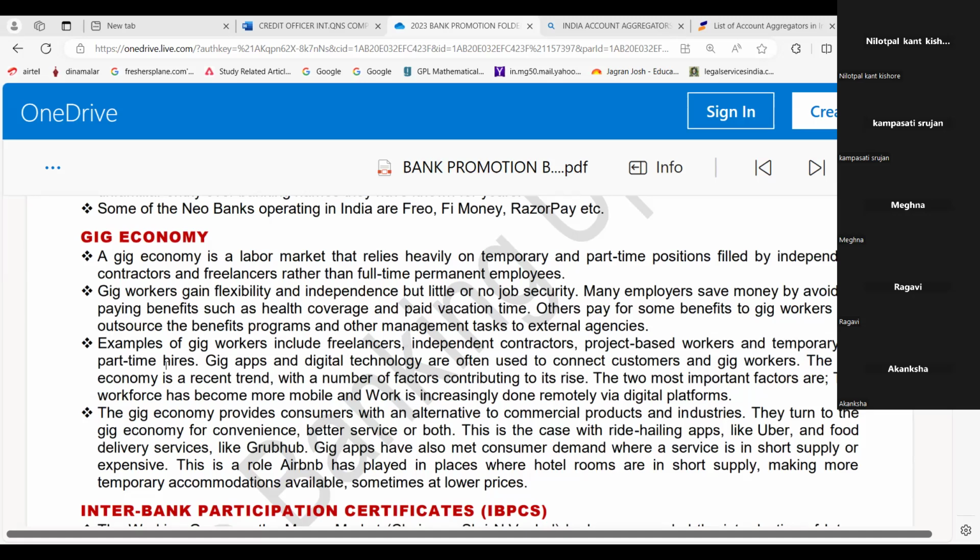This is the case with ride-hailing apps like Uber and food delivery apps like Grubhub. Gig apps have also met consumer demand where a service is in short supply or expensive. This is the role Airbnb has played in places where hotel rooms are in short supply, making more temporary accommodations available, sometimes at lower prices.